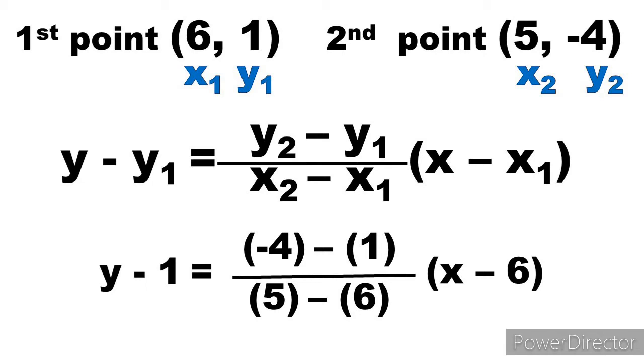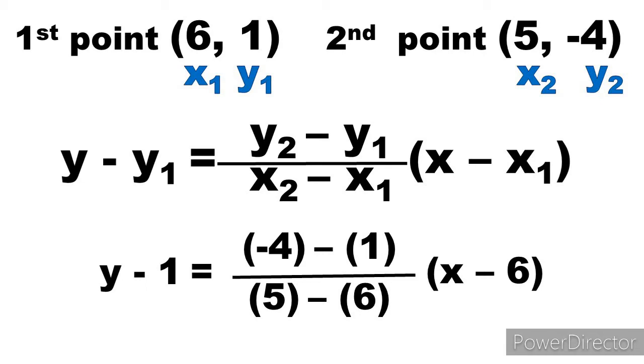Okay, so that's why we have y minus 1 equals y sub 2, ang y sub 2 natin is negative 4. Minus, ang y sub 1 natin is 1. So, we write 1. And then, all over x sub 2. So, ang x sub 2 natin ay 5. And then, minus, ang x sub 1 natin is 6.